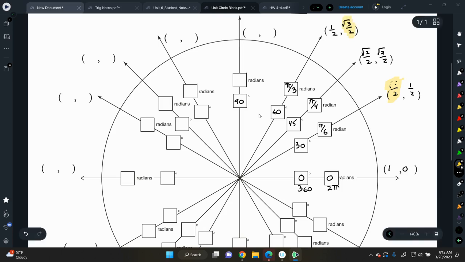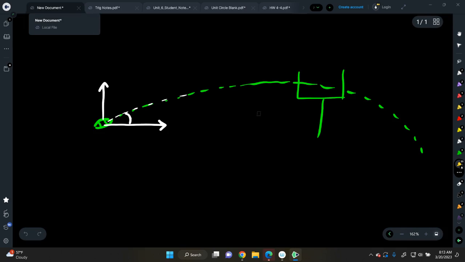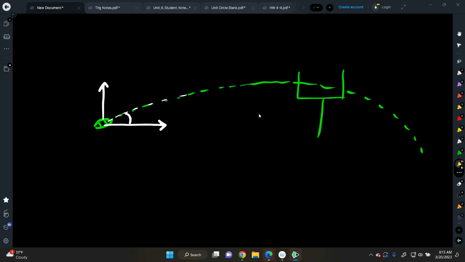Well, that makes perfect sense when you look at an example like this, right? If I need to kick that ball further, it's not going to be as high, is it? Because I need to get more horizontal distance, so I'm going to cut down on the angle.